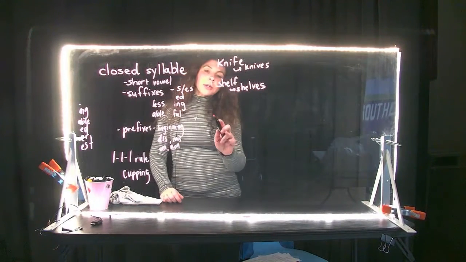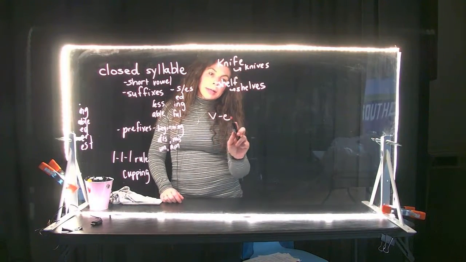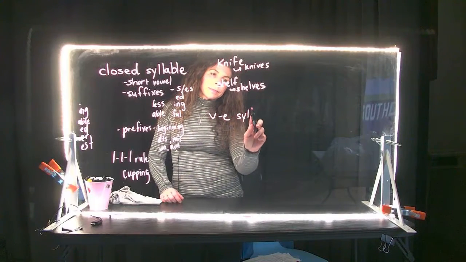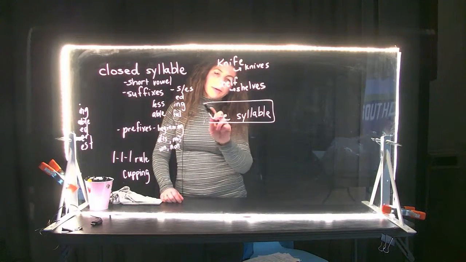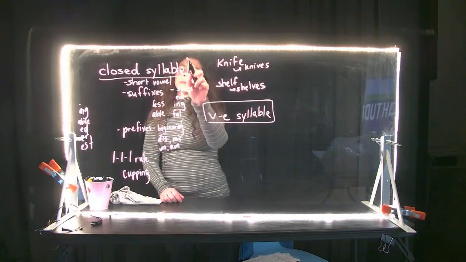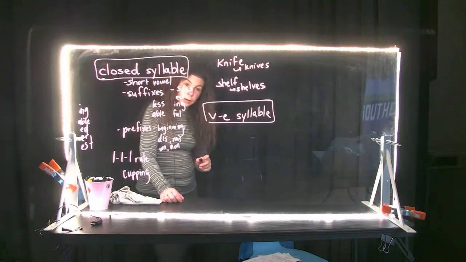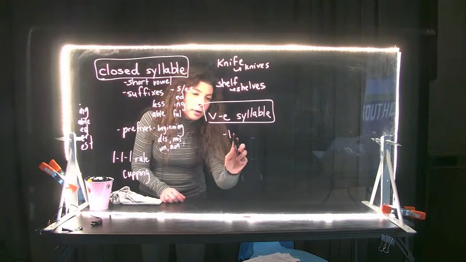Then we moved on and talked about our vowel consonant E syllable. Remember, vowel consonant E is a long vowel sound.